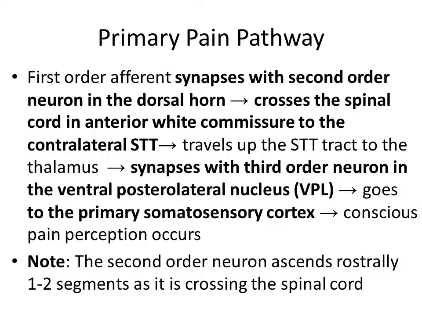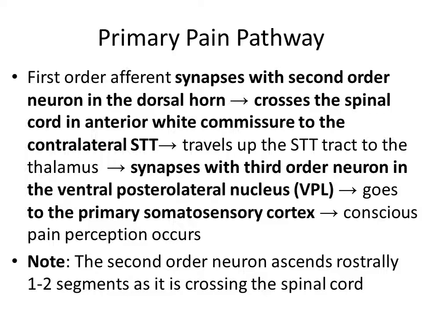So if I go all the way across and then go up, I can cut that distance a little bit if I start going up right away. This is going to have an effect on how pain information is impaired with a particular type of spinal cord injury. So it's not important for now. We're not going to try and draw it. But when we get to spinal cord injuries at the end of this unit, I want you to keep that in mind. So for now, just put that way in the back of your mind.